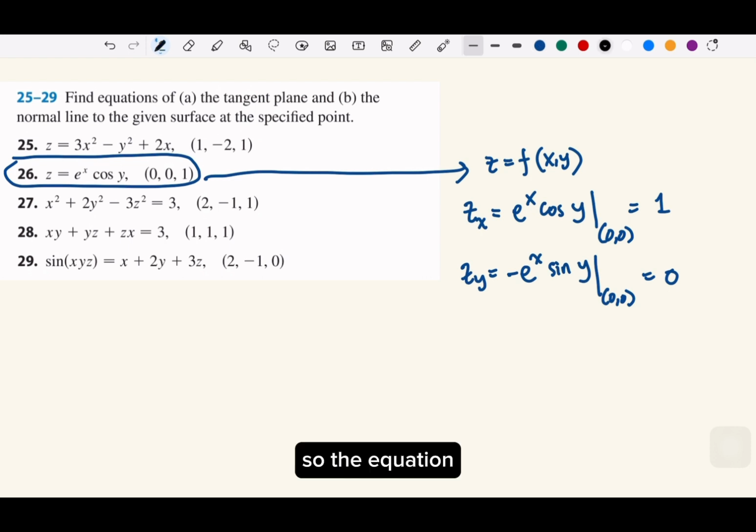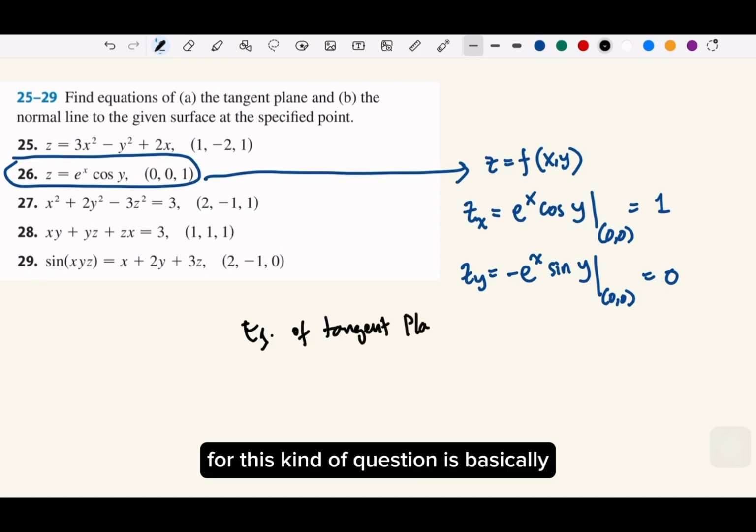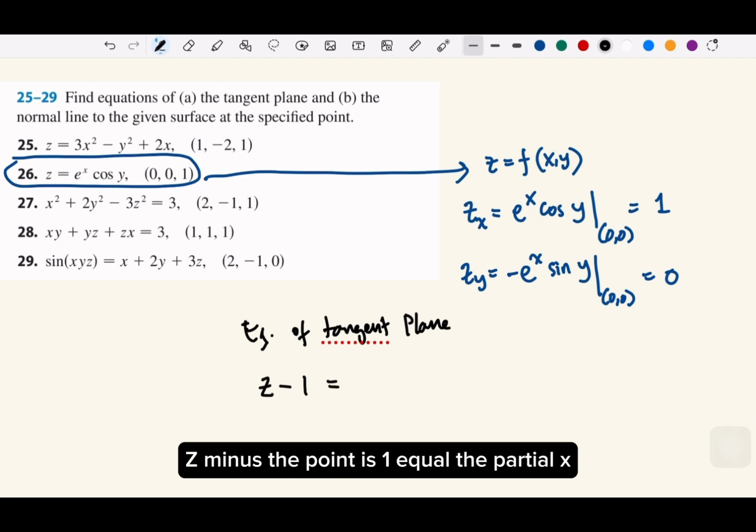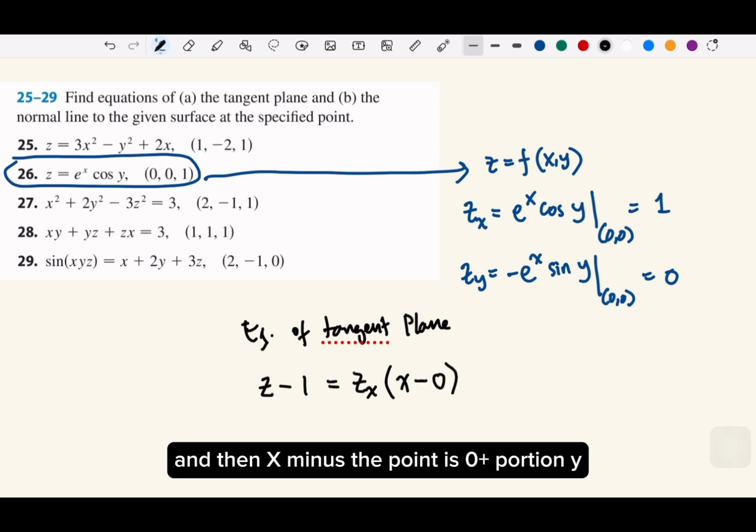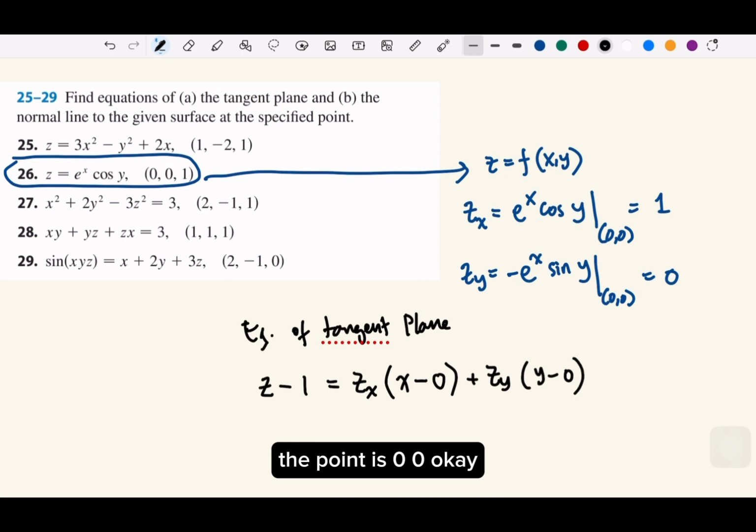So the equation of the tangent plane for this kind of question is basically z minus the point, which is 1, equals the partial x, and then x minus the point, which is 0, plus partial y at the point 0, 0.